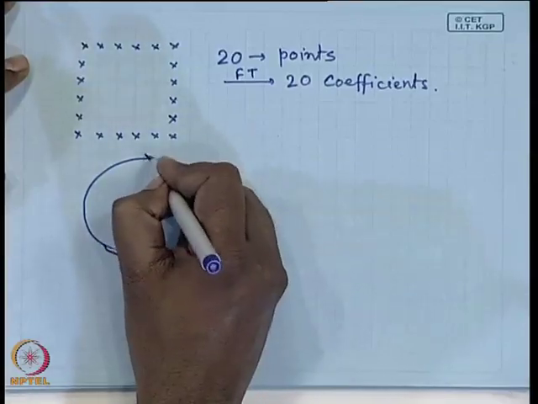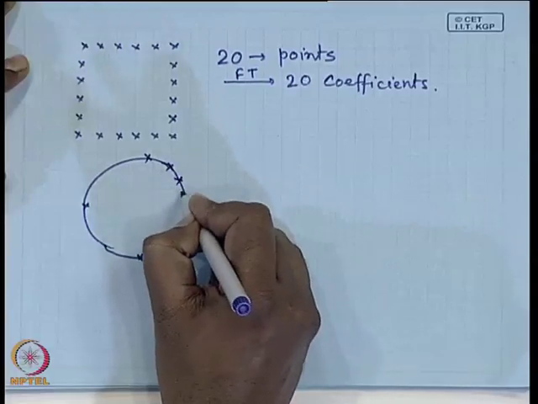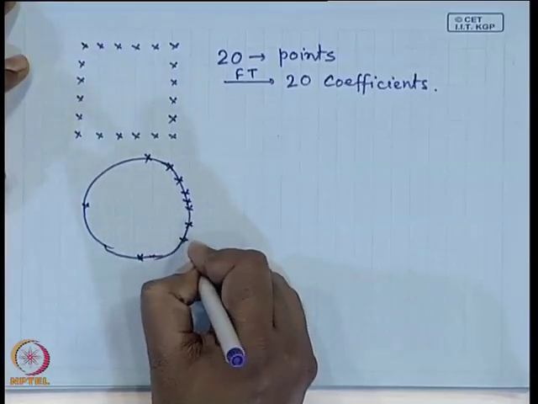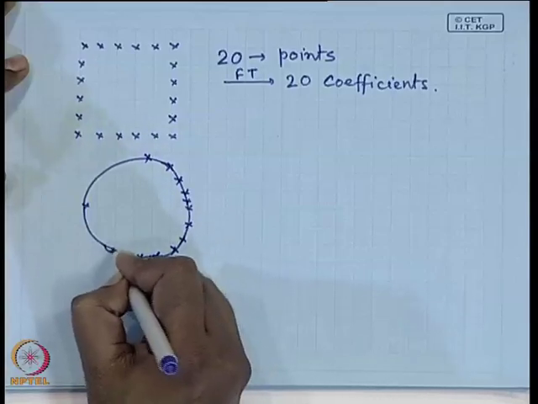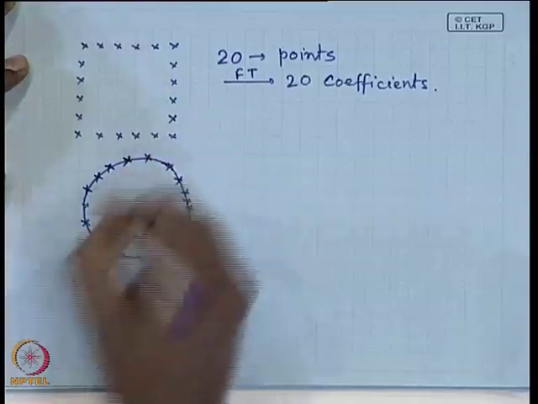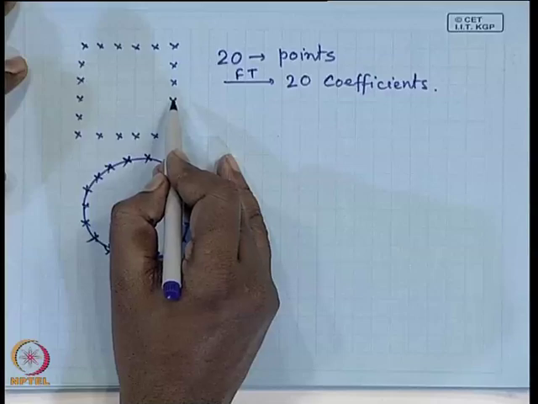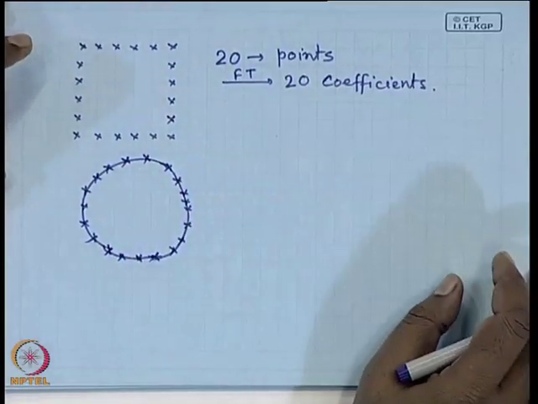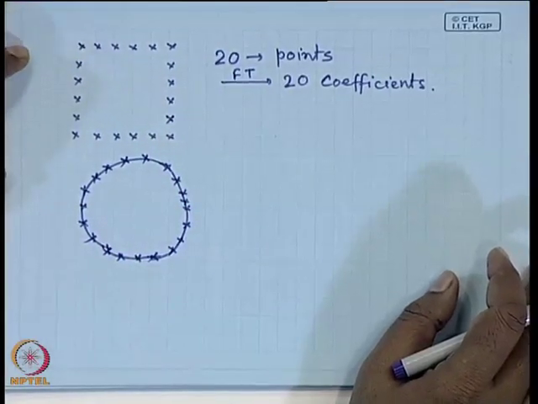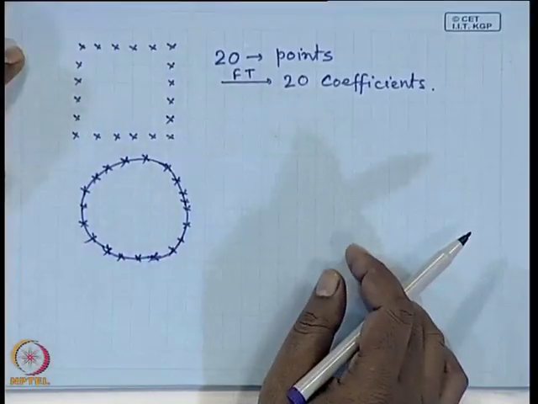Though the number of points on this circular boundary will be equal to 20, I will have 20 points on this boundary. All these 20 points will be there, but you find that all the detailed information at the corners is lost. The reason is very simple: if I take only one coefficient, that simply gives you the DC value.